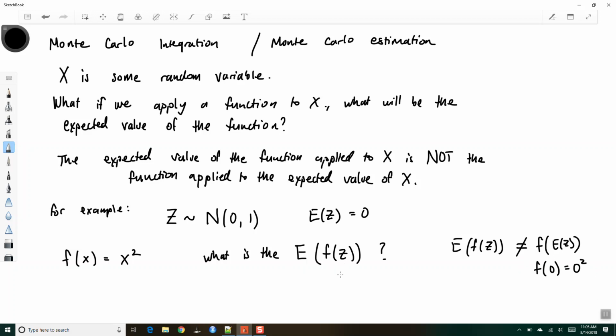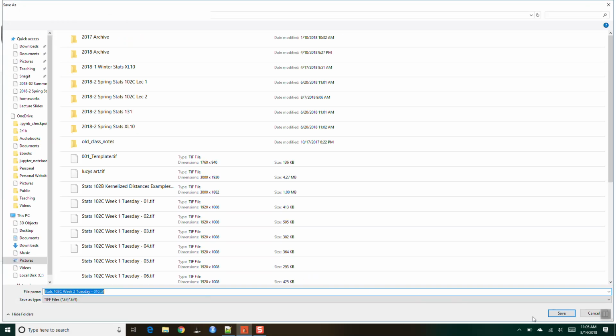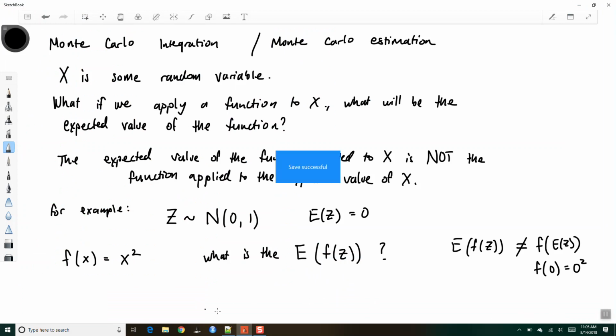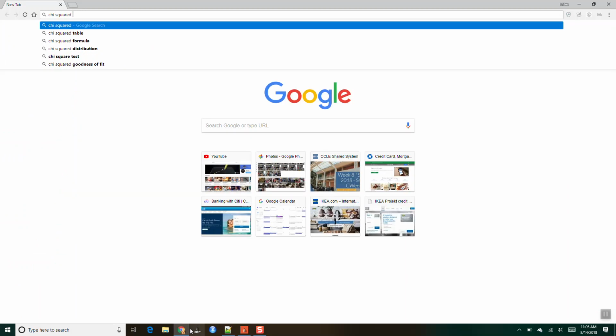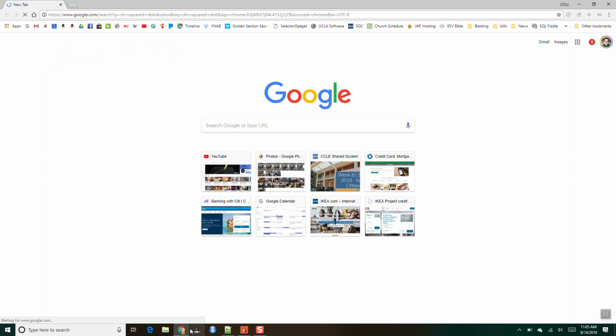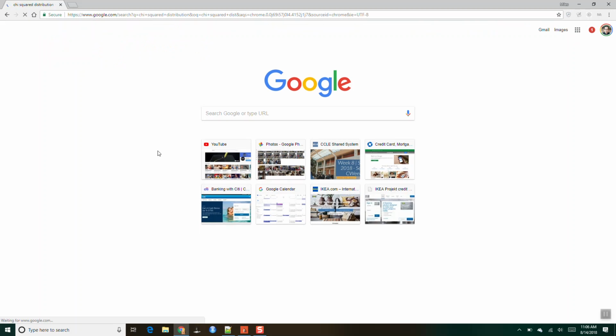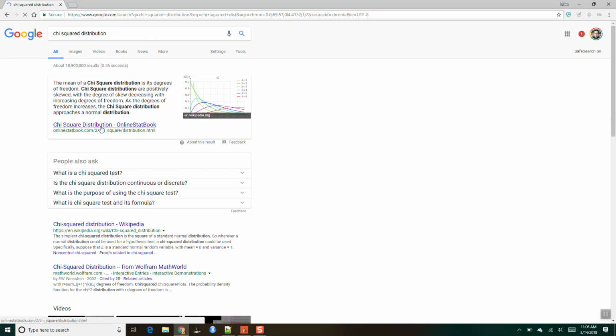Do we know what this is? It's the expected value of a chi-square distribution with 1 degree of freedom, which, let's look up the chi-squared distribution. It's just going to be 1, right?